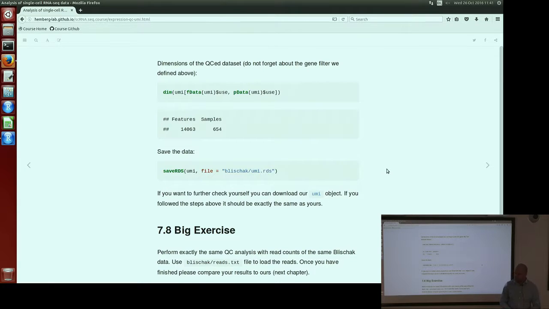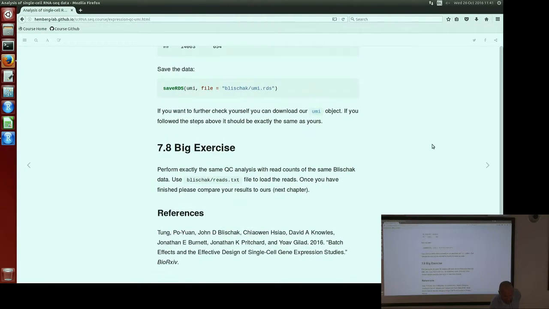The good thing about this data set is that it not only contains UMIs, but it also contains the reads. So in the next chapter, we would like you to go through the same steps that we did for the UMIs, but using the reads instead. The read file is in this folder on your computers.